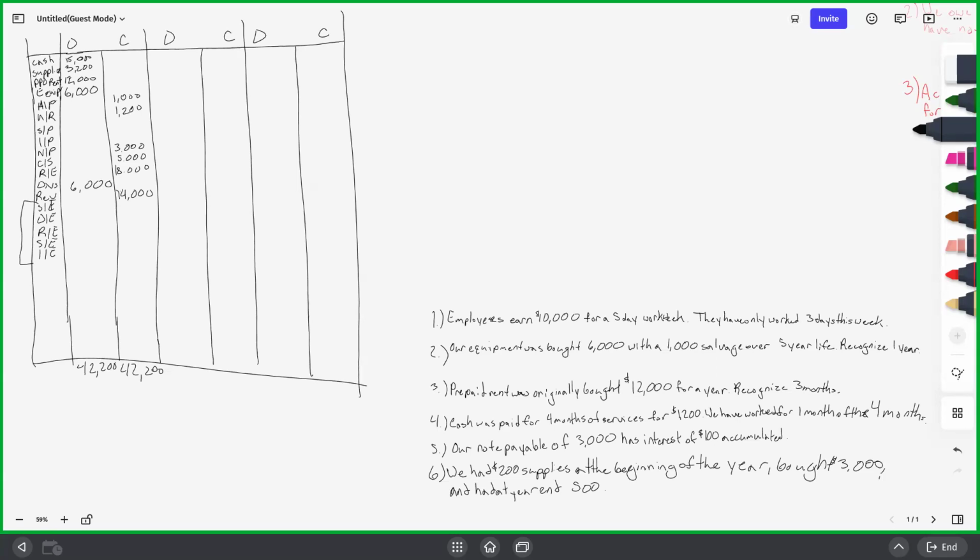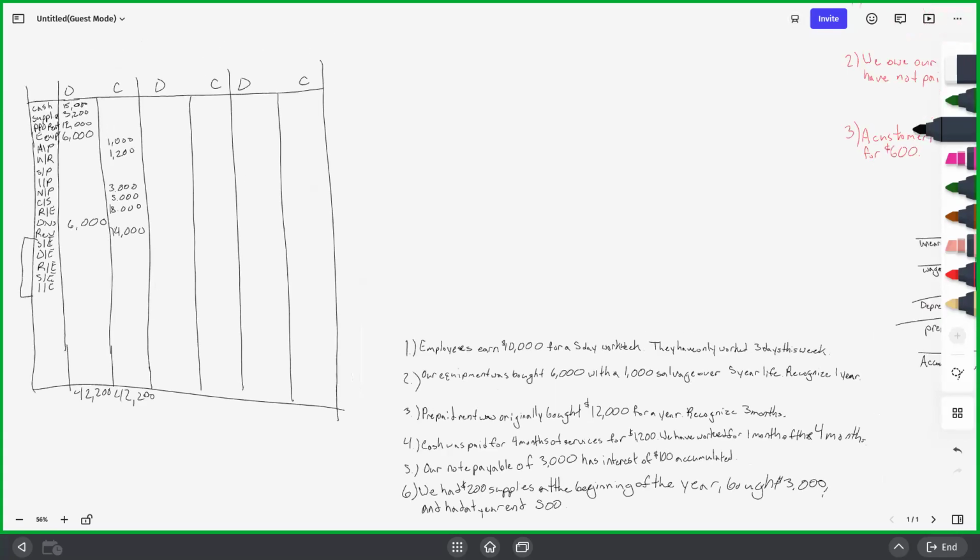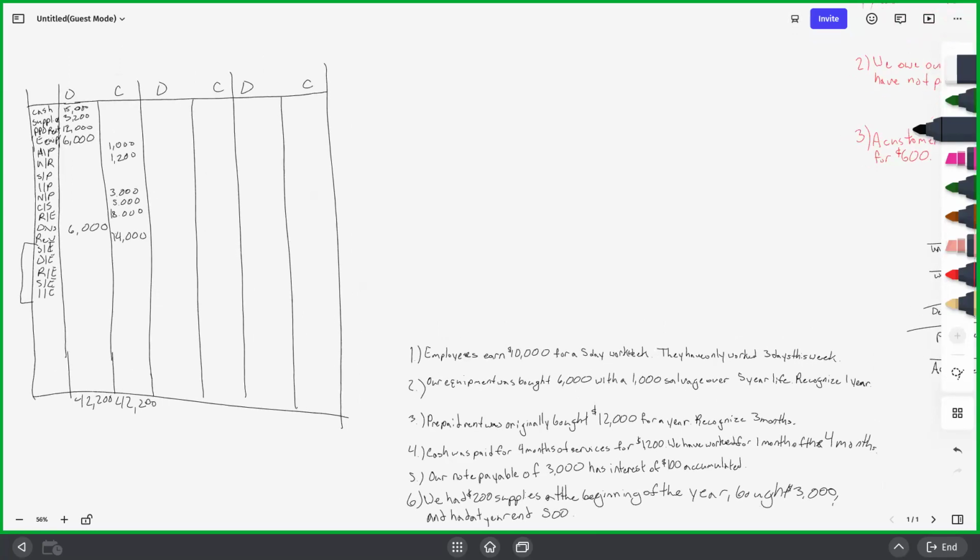Don't worry about the trial balance, worry about the adjusting entries. And then we can move over to the trial balance. We'll run through that. And then I'm going to leave you guys to do the financial statement. I'll give you guys like 3 minutes for the adjusting entries.